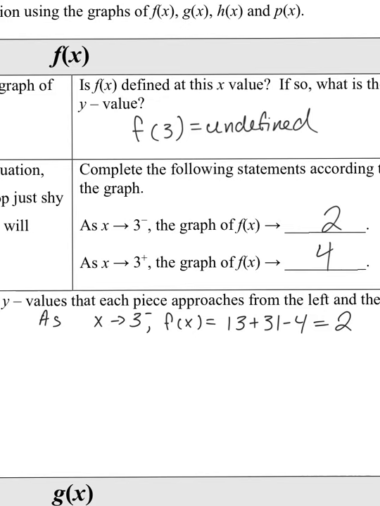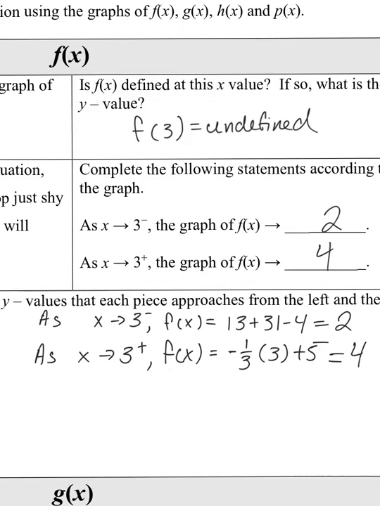Okay, it's 2. And what about when x approaches 3 from the right? If it approaches from the right, is that our linear equation? Yes, it is. So negative 1/3 times 3 plus 5 is negative 1 plus 5, which is just positive 4, right?